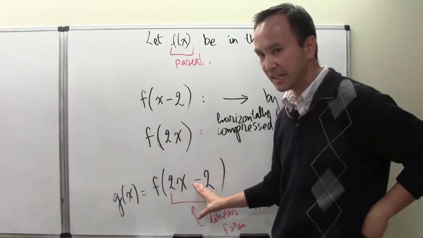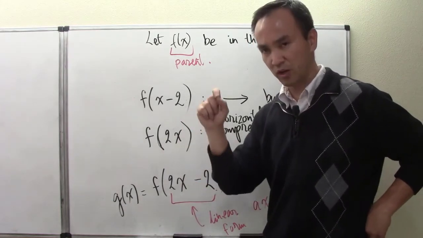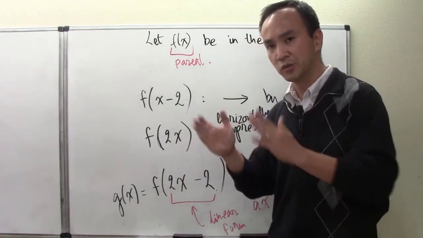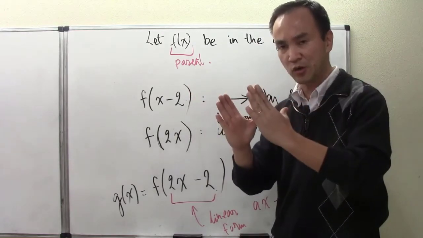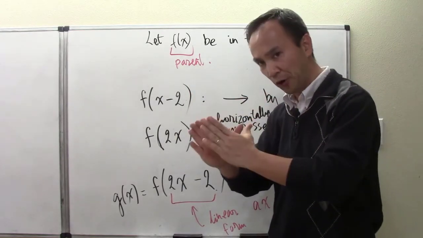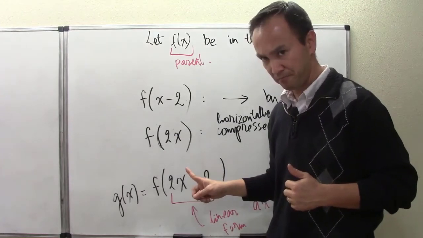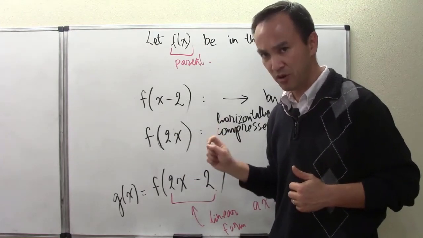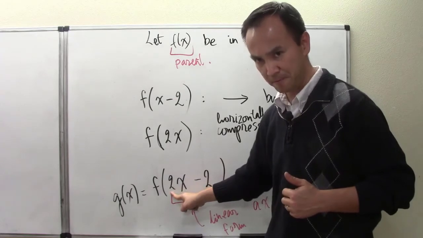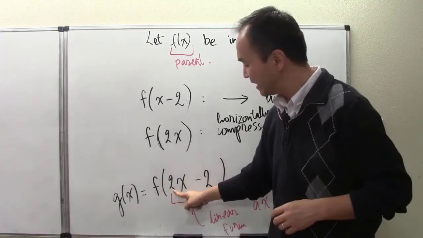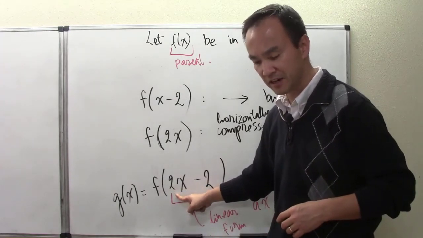Okay, so in that case, if we want to apply the horizontal scaling before the horizontal shifting, then the one critical step that we must take is to factor out the leading coefficient in the linear expression.